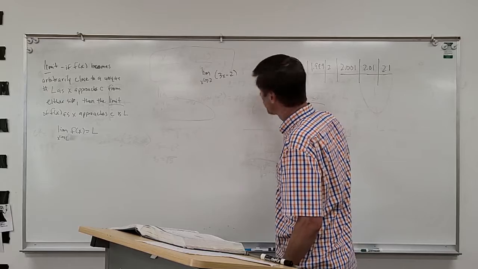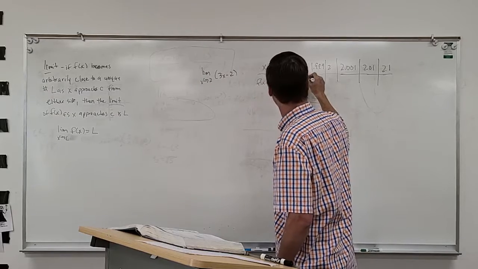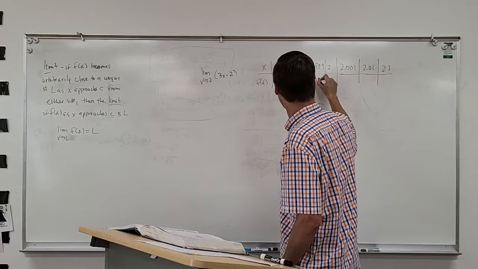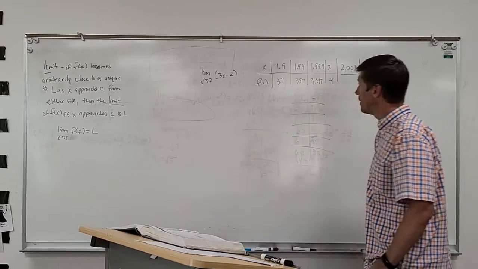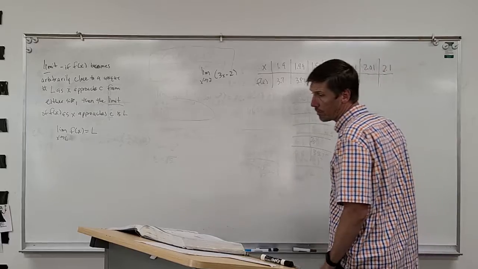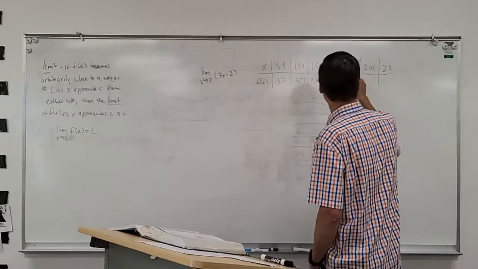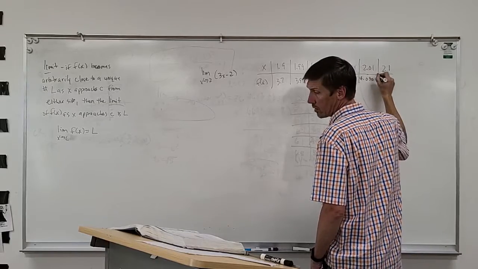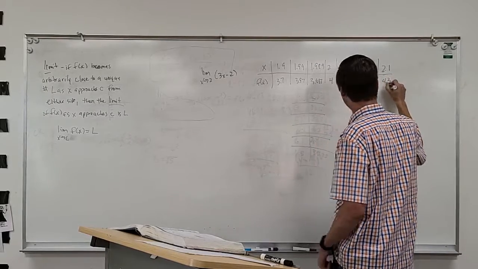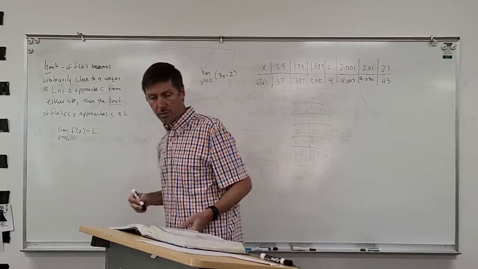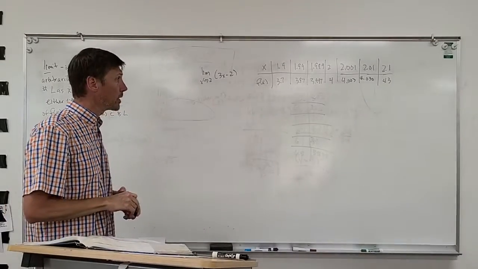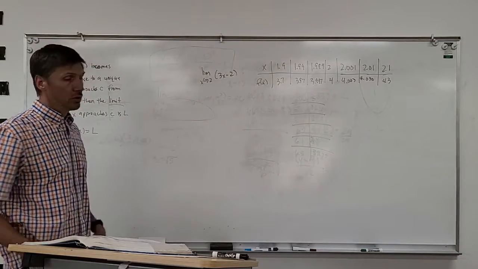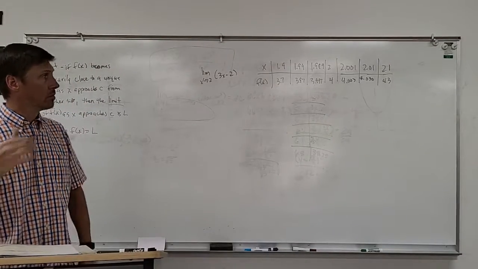So anyway, those values, 3.7, 3.97, we're just plugging values into the function, right? 3.997, it becomes pretty clear that everything's converging on this 4. 4.003, 4.03, and then finally 4.3. So we would say, by estimating it numerically here, that the limit as x approaches 2 of 3x minus 2 would be 4.